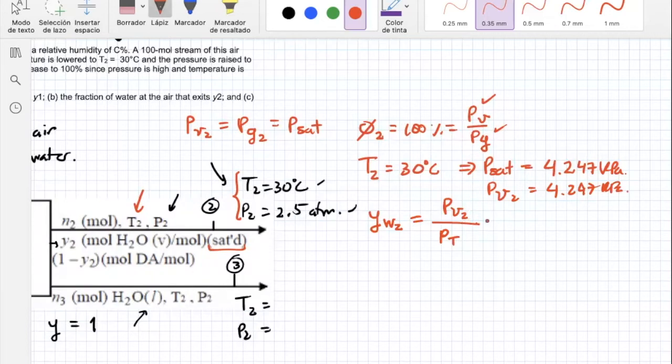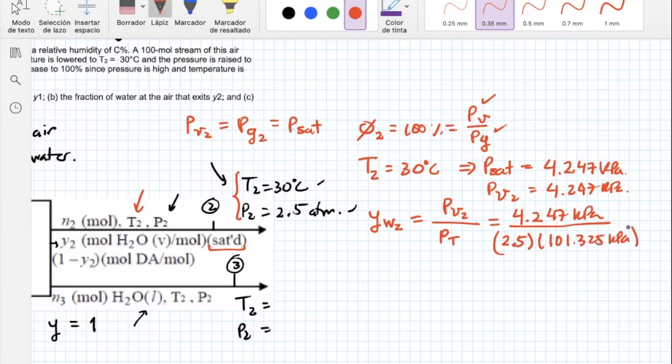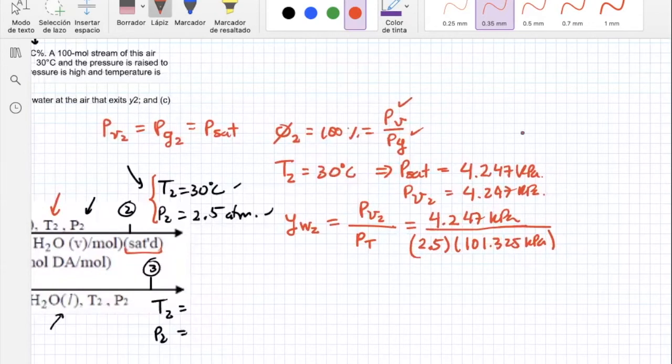Now I'm going to put 4.247 kilopascals divided by total pressure, which is 2.5 atmospheres, but I want to look at this in kilopascals. So this would be 101.325 kilopascals, because 1 atmosphere is 101.325 kilopascals. Therefore, after all this, I already have this value, so I'm going to put it here.